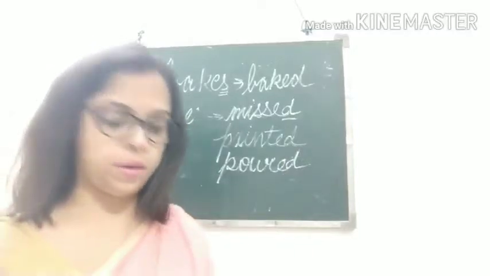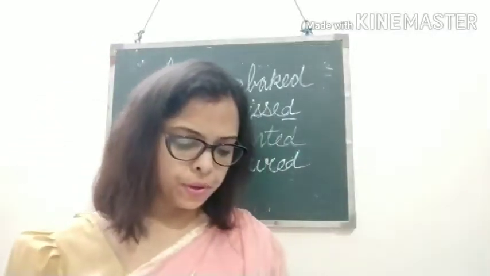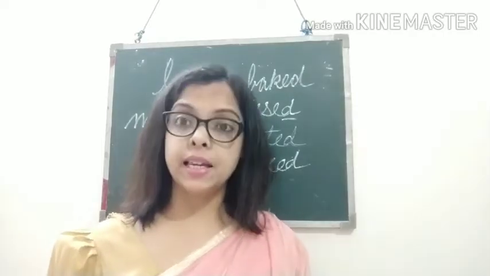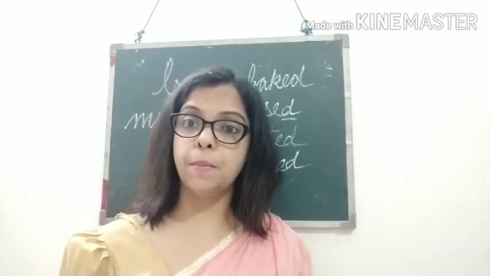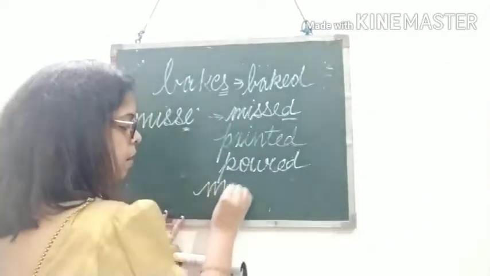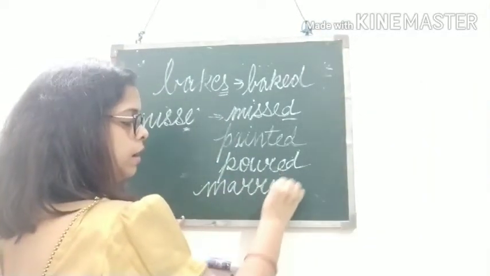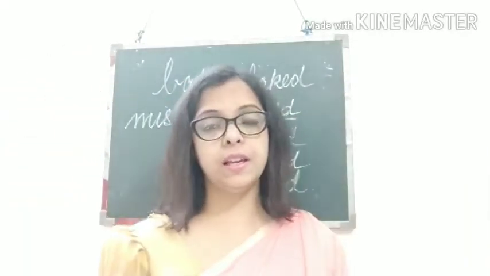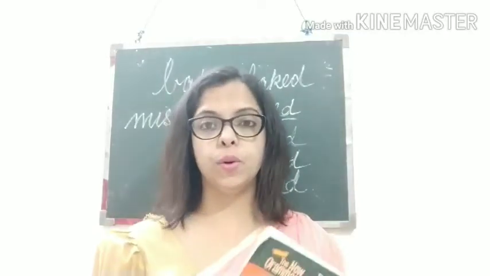In the story, the prince marries Cinderella. In the story, the prince married. M-A-R-R-I-E-D. Married. Because we remove S, the word is ending with E, so we simply add D to it.